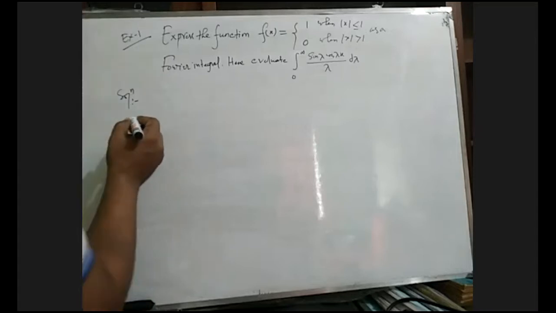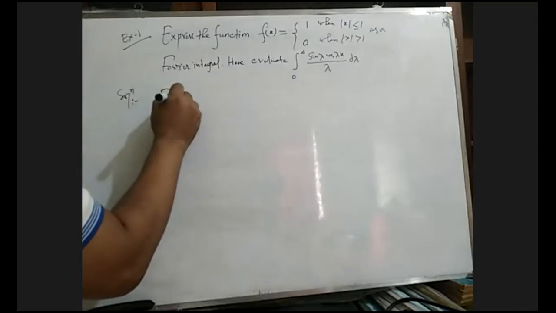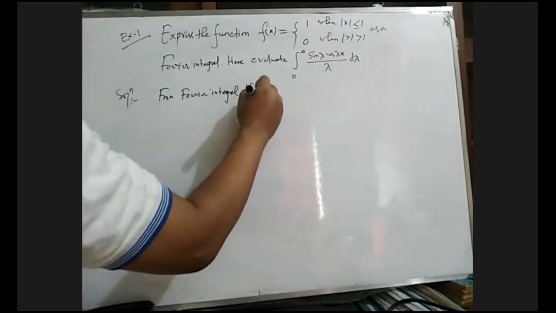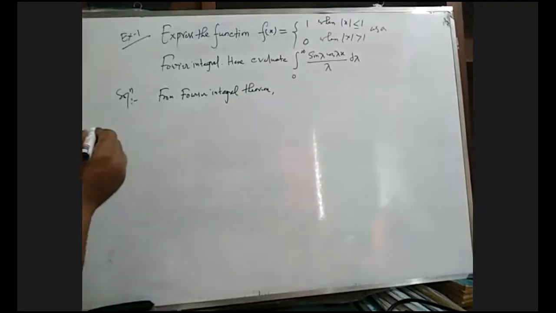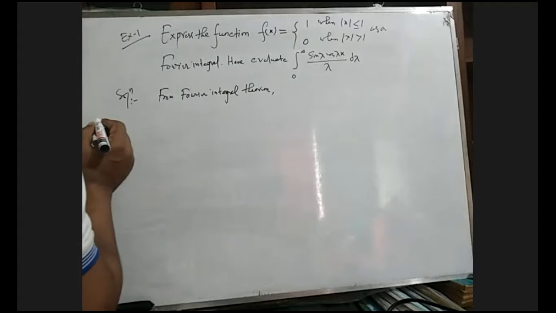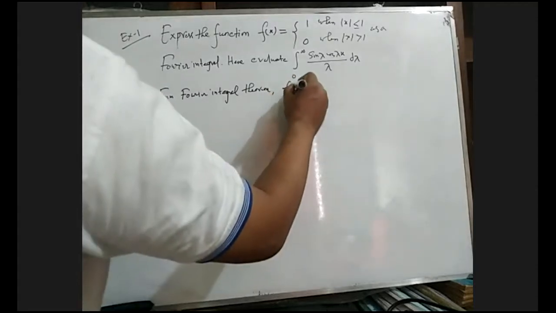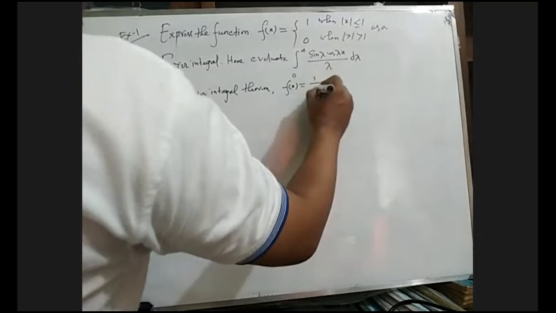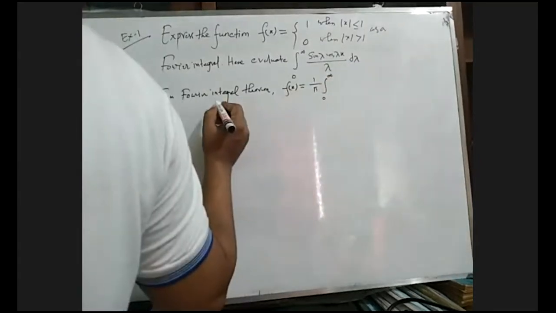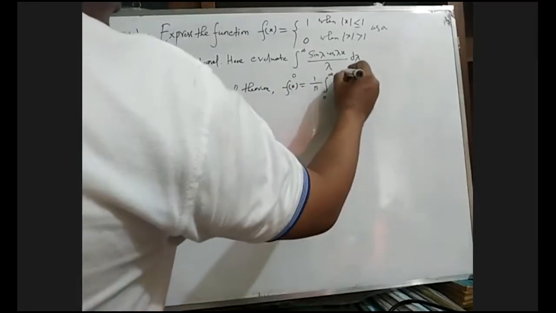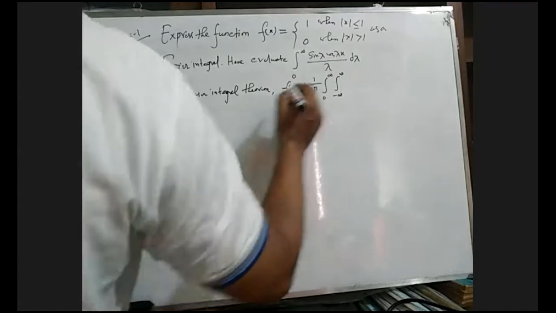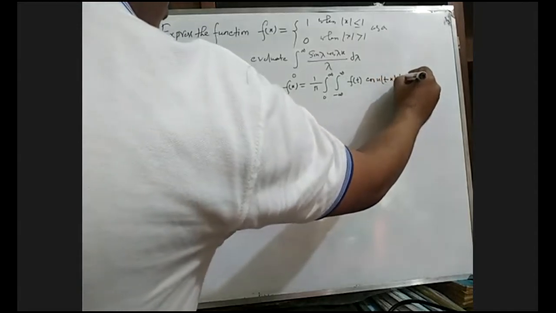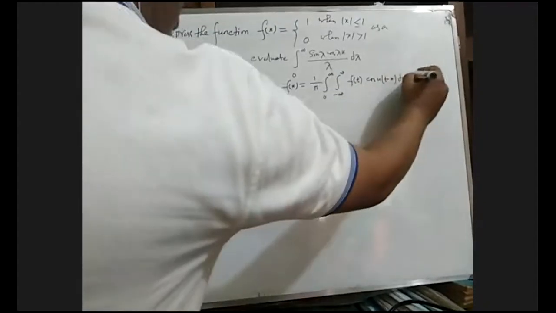We know from the Fourier integral theorem, we have proved this theorem, f of x can be written as f of x equals 1 by pi, integral 0 to infinity, and another one is minus infinity to plus infinity, f of t cos u into t minus x, du dt.